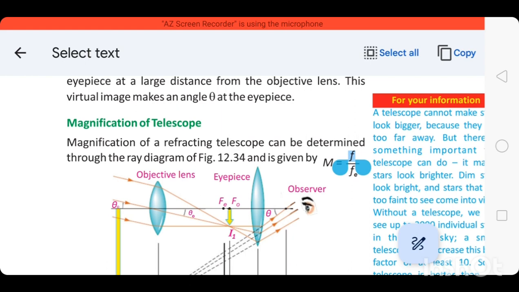M equals fo by fe, fo for the focal length of objective lens and fe for the focal length of eyepiece. This topic is basically for a detailed long question but can be asked as a short answer too.